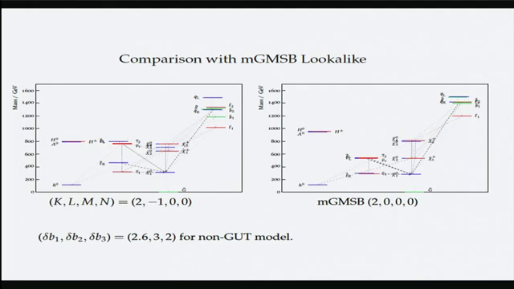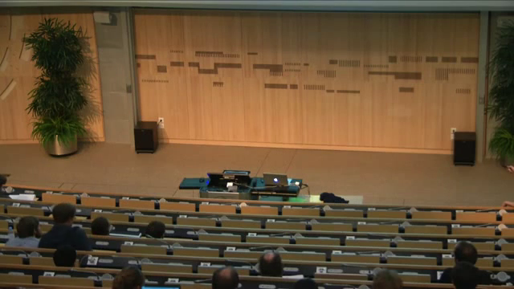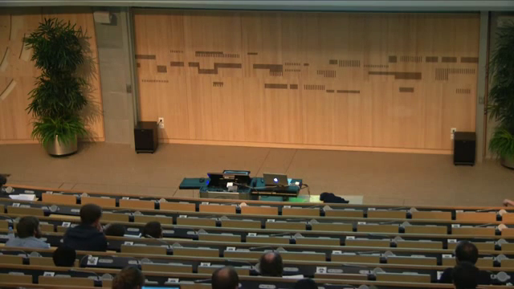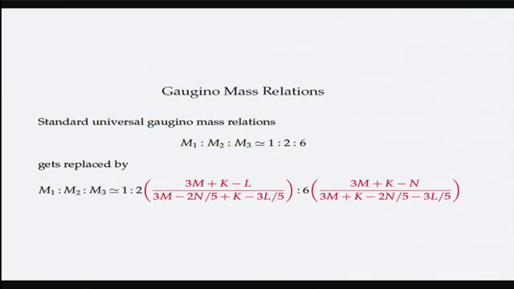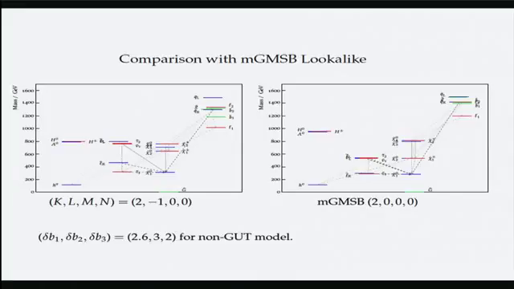You try to fit these to a similar mass range. Then you can ask, what about the gaugino sector? We said earlier that the gauginos should be impacted by this non-GUTness of the messengers. And indeed, you see just by looking at it that this is slightly more squashed and this is slightly more broadened.